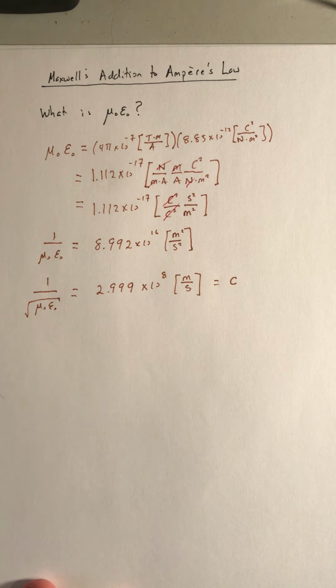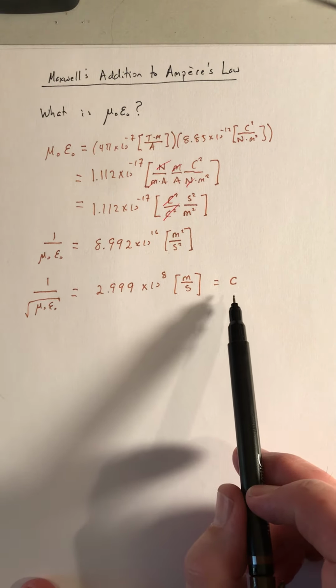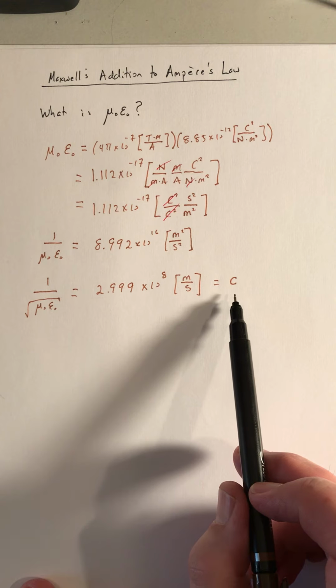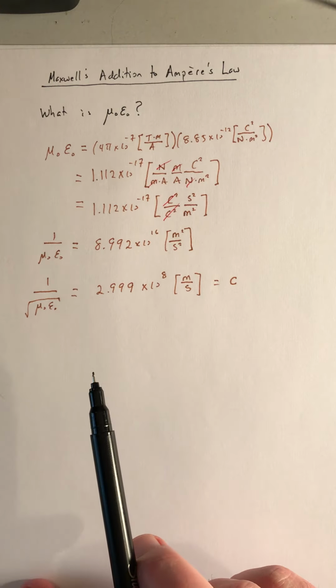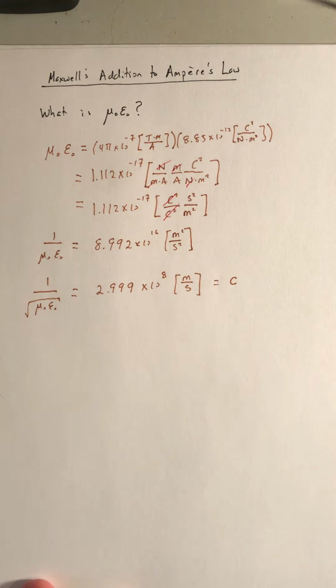So that addition to Ampere's law from James Clerk Maxwell has the speed of light, and it's the speed of light in vacuum, and it is independent of the motion of the source of the changing electric field or the motion of anything involved in the problem. It's just the speed of light, the same for all observers.